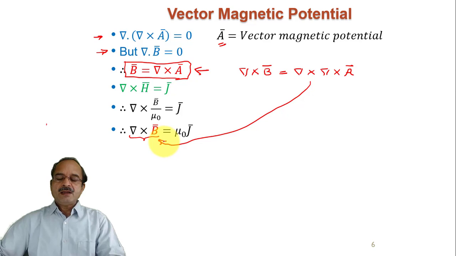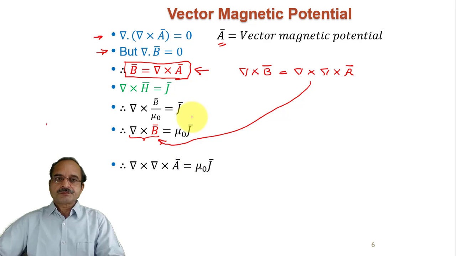So we can write this equation in terms of vector magnetic potential, which will give us the relationship between vector magnetic potential and J, that is the current density, from this equation.